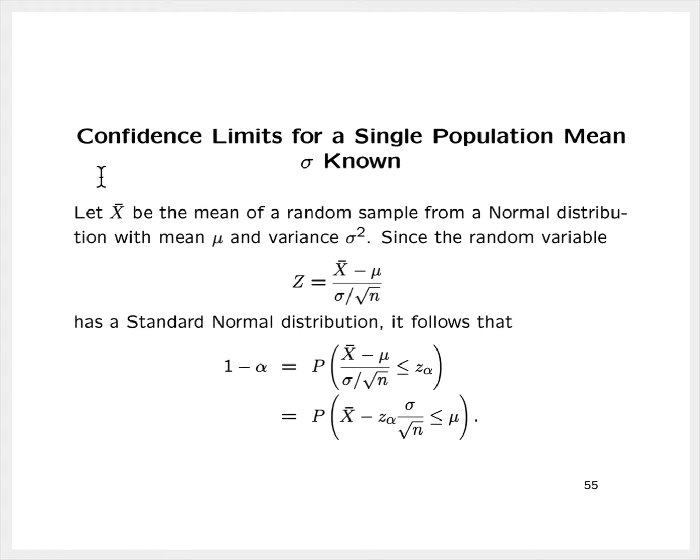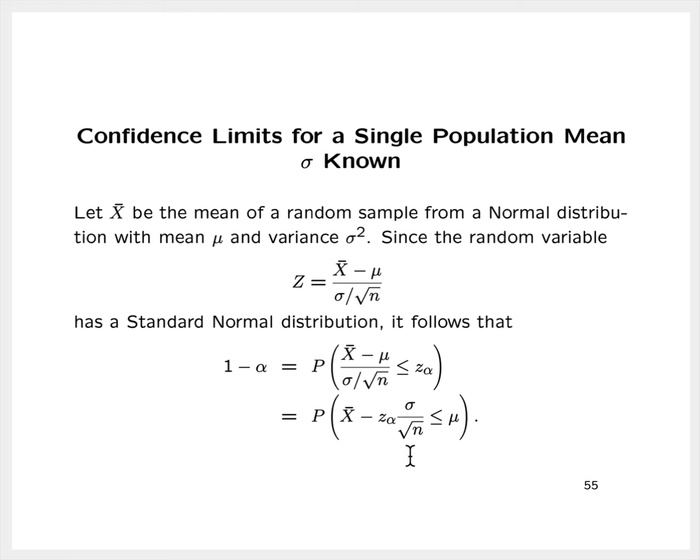For each of those samples, we calculate the sample mean, and then we calculate this quantity, x bar minus z sub alpha times the standard error of x bar. We do that over and over again, a large number of times. Obviously, we're not going to do that in an experimental situation. In an experimental situation, we're going to do it once, but we can think of this process as being repeated an unbounded number of times.